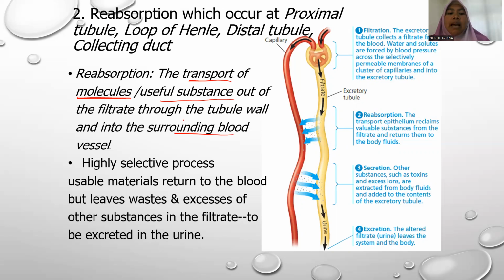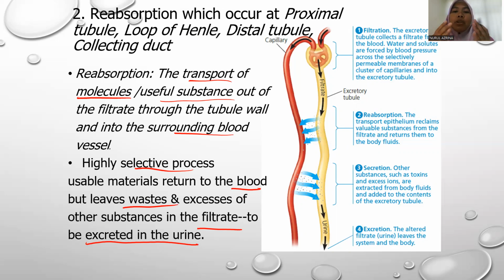It is a highly selective process which enables material to return to the blood, leaving waste and excess of other substances in the filtrate to be excreted in the urine.